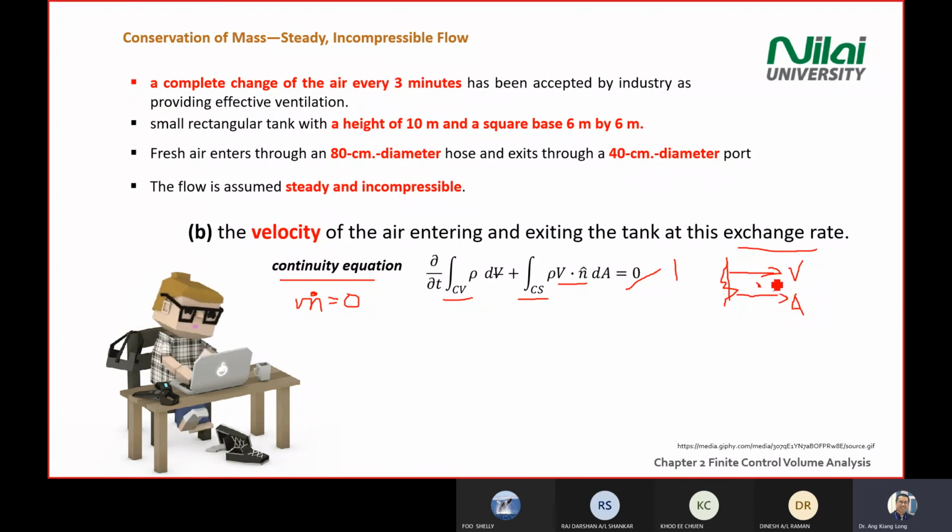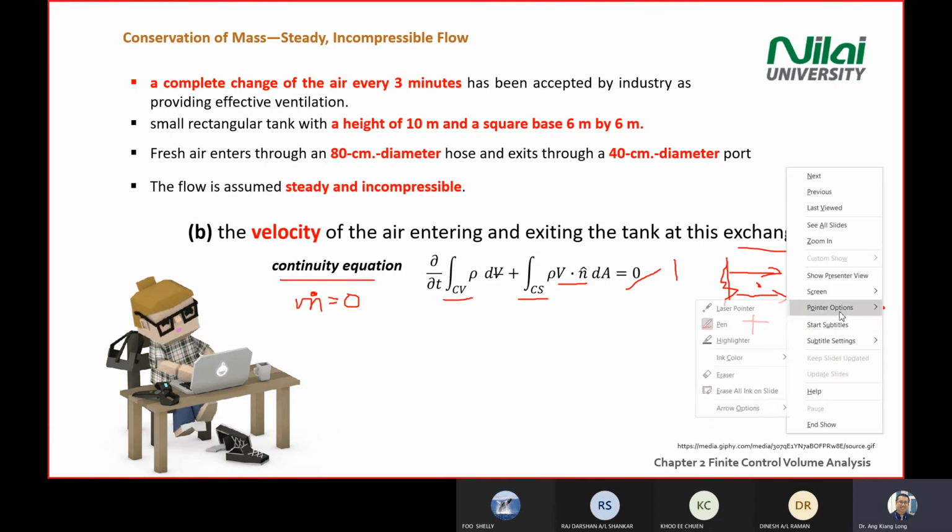If the arrows are in the same direction, you get a positive value product. If your velocity is going in, right? For example, in this case, V, and this is your A. Again, A is always pointing out, always pointing to the opening direction. So in this case, if the arrows are opposite each other, you get a negative sign. Okay, all right, let's continue.